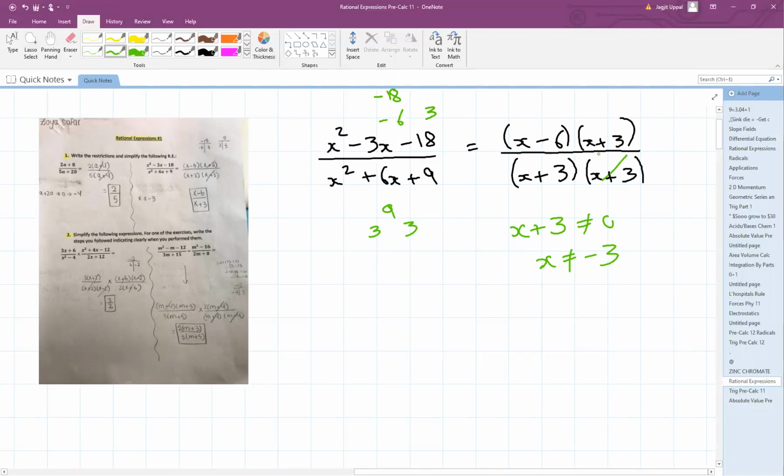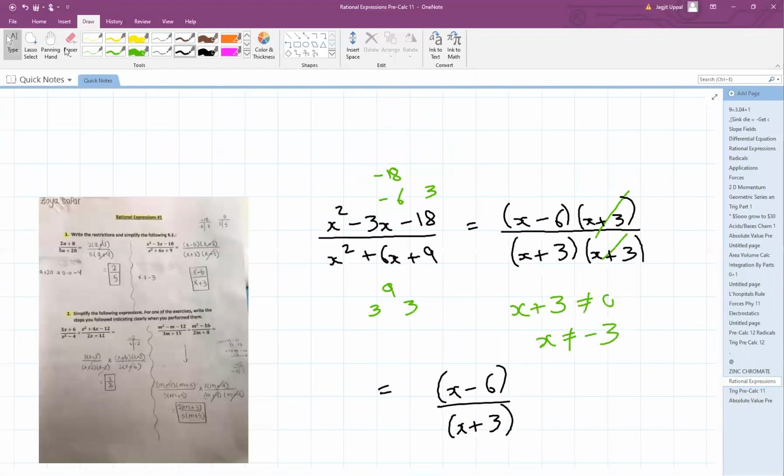In the next step, one of these is going to get canceled. So your final answer is just going to be (x minus 6) over (x plus 3), which is what you had, and the restriction seems to be correct as well. So there was no problem with the second question.